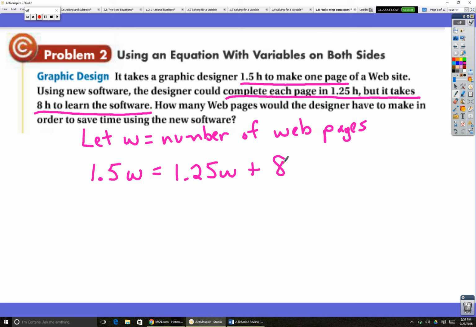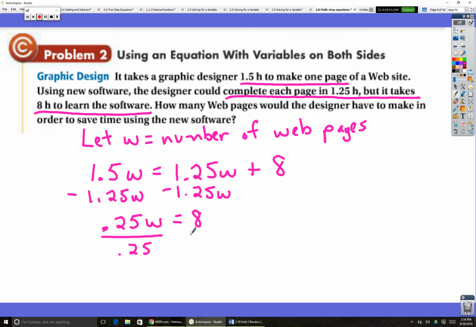Okay, now we can solve this. I'm going to move my variables to one side, so I'm going to subtract 1.25w. And on this side, if I have a half and I take away a fourth, I'm left with a fourth, which is 0.25w equals 8. Dividing both sides by 0.25, if I divide 8 by 0.25, w is going to equal 32.